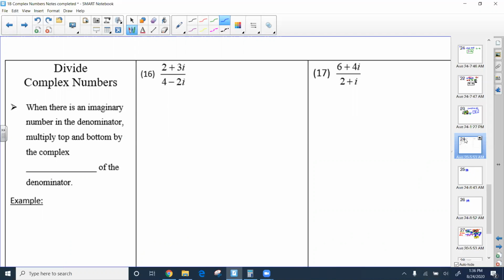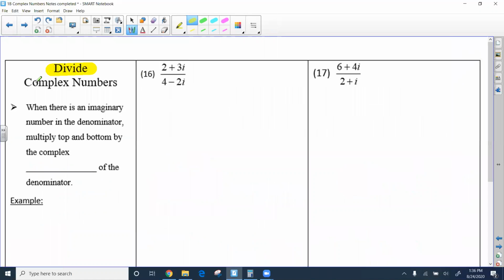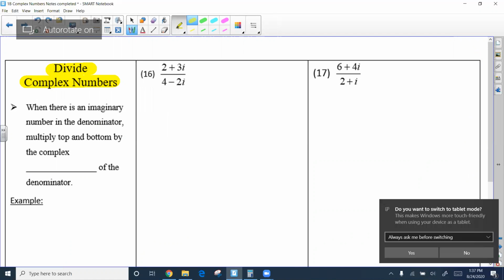Okay, so to divide complex numbers, when there is an imaginary number in the denominator, multiply top and bottom by the complex conjugate of the denominator.